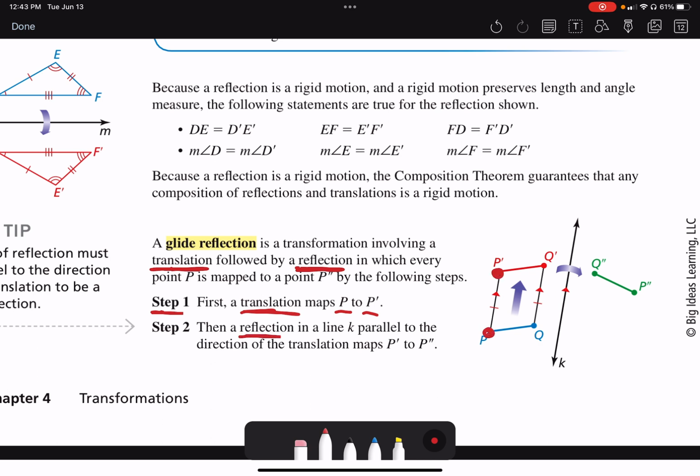Second step, a reflection in line k parallel to the direction of the translation maps P prime to P double prime. And this is where this reflection occurs. So it's a translation first, then a reflection, and that is a glide reflection.